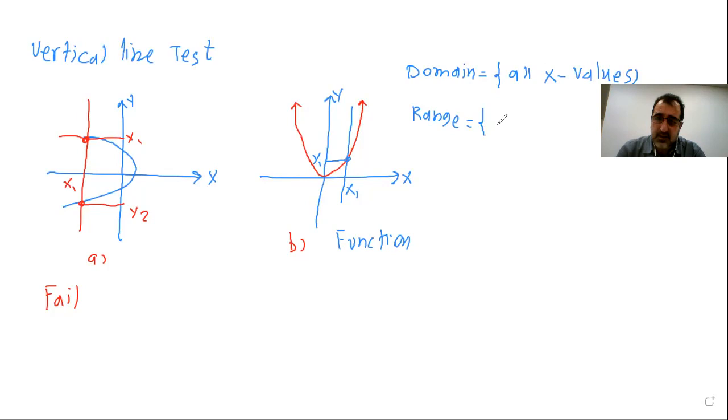Range is the set of all y values. For instance, for the function y equals x squared, the domain is x belongs to R, and the range is y greater than or equal to 0.